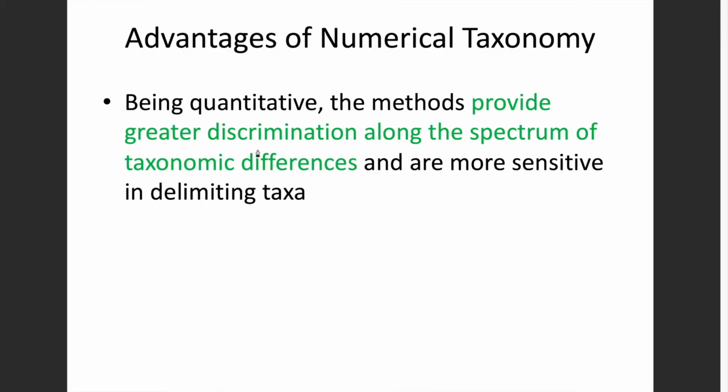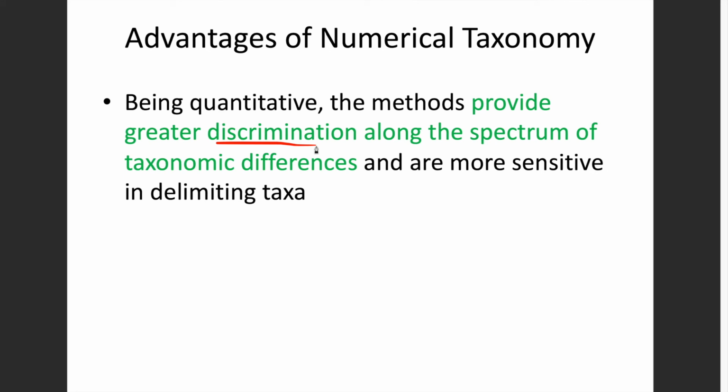Next, being quantitative is also a plus point for your numerical taxonomy. No? Since it is a quantitative measurement of the different characters of your organism, it provides a much more robust process of discrimination along the spectrum of different character differences out there.